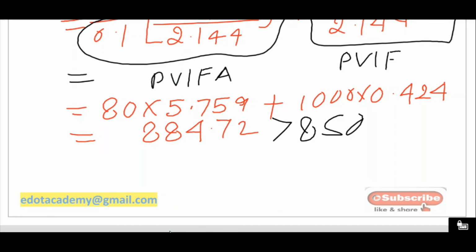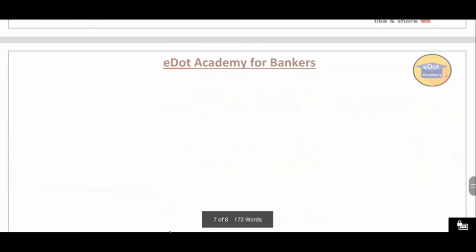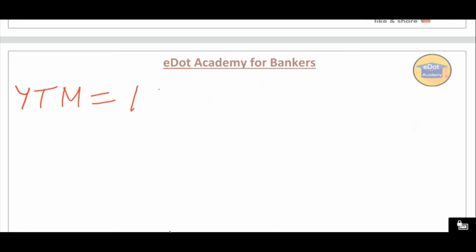So what is the formula here? Our YTM is more than 10%, but less than 12%. So I have taken here 10%, but less than 12%. So 12% minus 10%; you can write 12 minus 10 also, no problem.